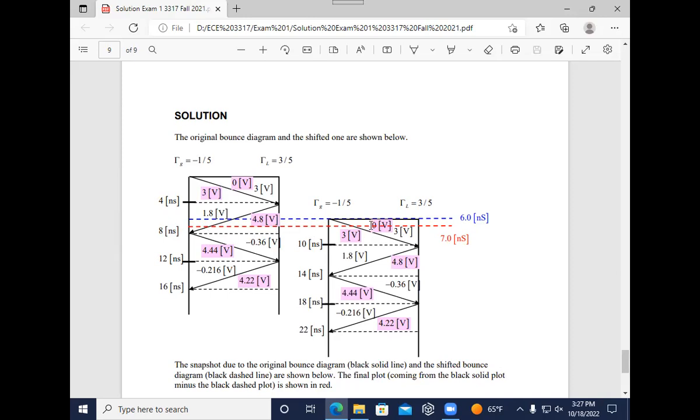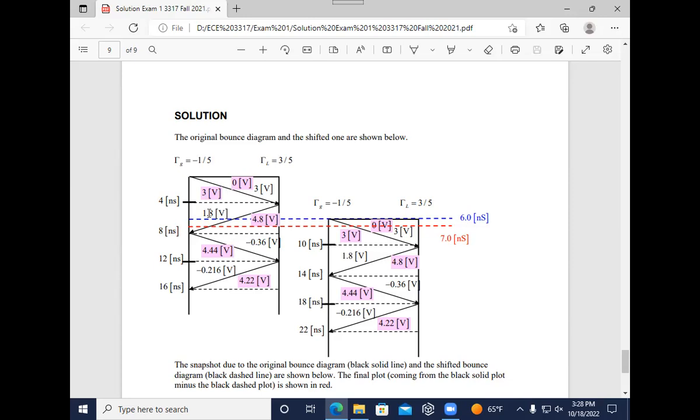But then when you come over to where it intersects on this bounce diagram, this intersection point right here is 1/4 of the way down the line. So actually it's on both of them 1/4 of the way down. So it looks like the snapshot is jumping on both bounce diagrams 1/4 of the way down.